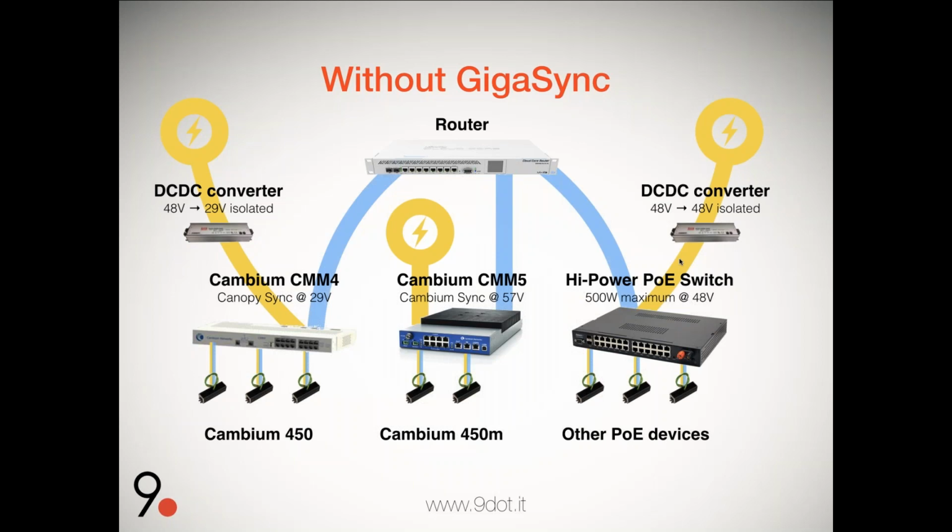So if you install this equipment with different grounding polarity, maybe you will have spikes or surges on devices. Also, you need to power Medusa, for example, another Cambium device, with CMM5, 57 volts, and the Cambium CMM5 is a big device with only 4 ports, and you need a controller to control it.